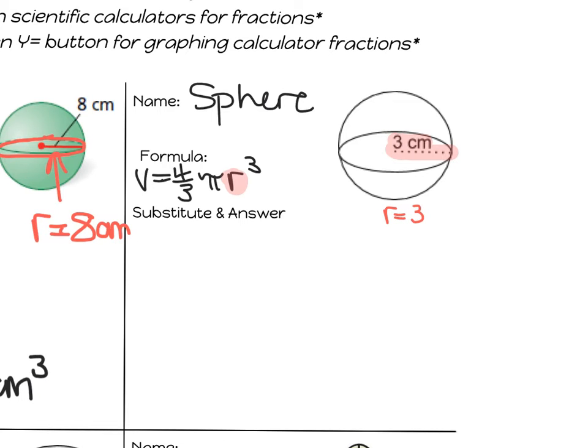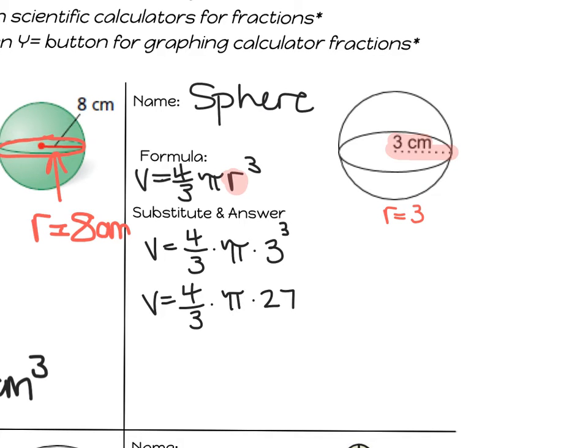So I have volume equals 4/3 times pi times 3 to the third power. I'm going to do my exponents first, follow order of operations, and 3 to the third power gives 27.